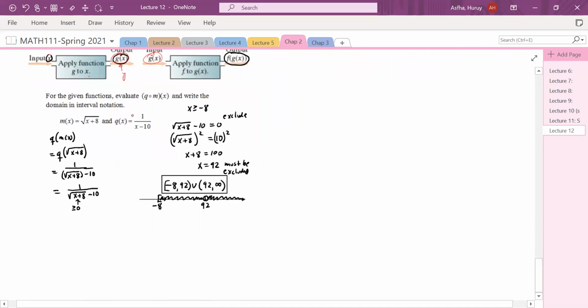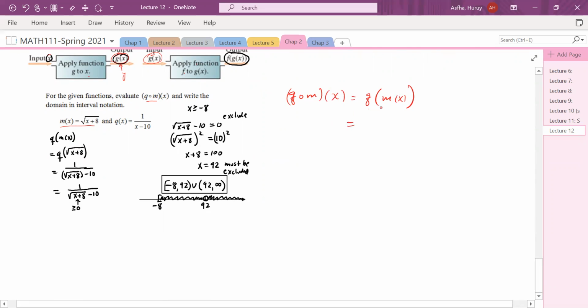So we have, for example, the function m given by this and q given by this function. And we are asked to find q of m of x.